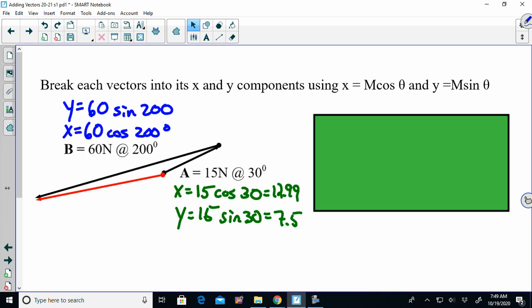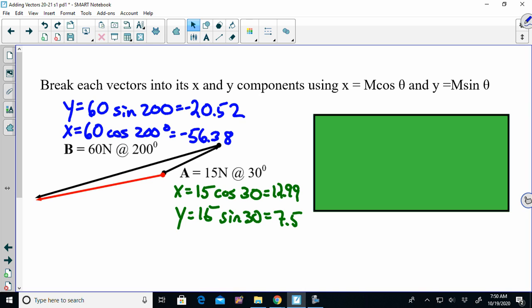So I have 60 cosine 200, negative 56.38, and 60 sine 200, negative 20.52.